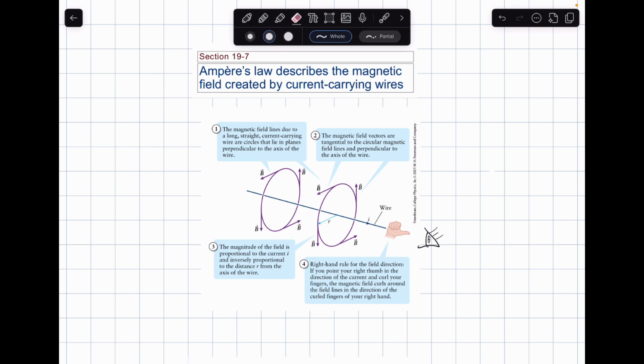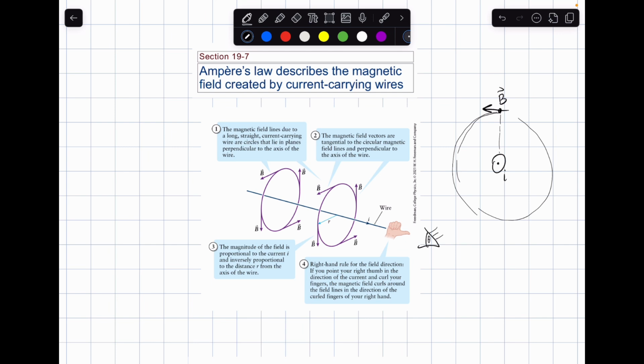So let's draw a wire that is coming out of the page. There's the current coming out of the page at us. So our thumb is going to point out of the page, and we're going to curl our fingers around. I'll draw this little circle here, just as our guide, okay? When I'm directly on top of the current, the B field is going to point this way.